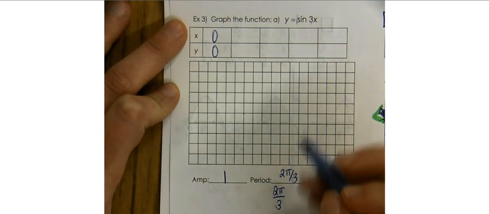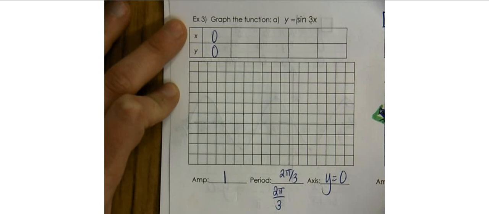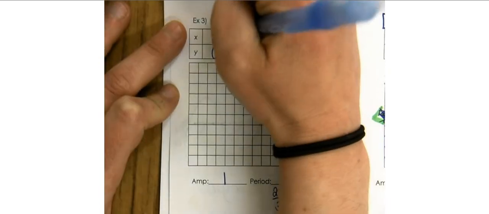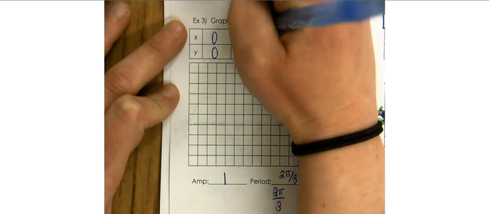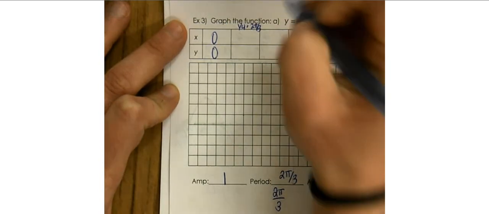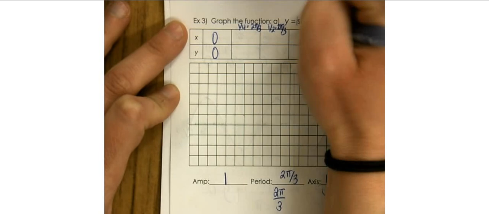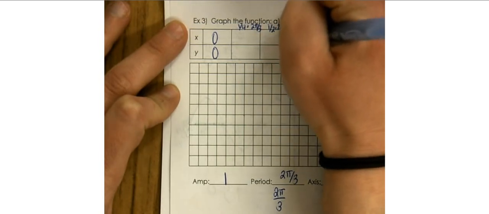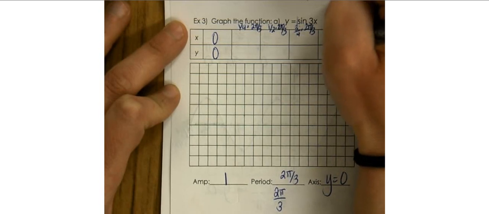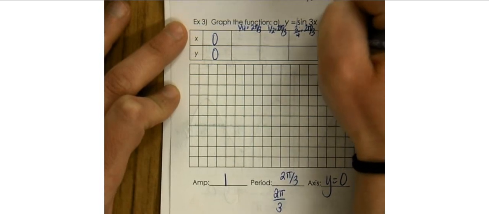Then for all of our x values, I'm going to multiply 1/4, 1/2, 3/4, and 1 times the period. So that's going to be 1/4 times 2 pi over 3, 1/2 times 2 pi over 3, 3/4 times 2 pi over 3, and then 1 times 2 pi over 3. So that's going to be 2 pi over 3.